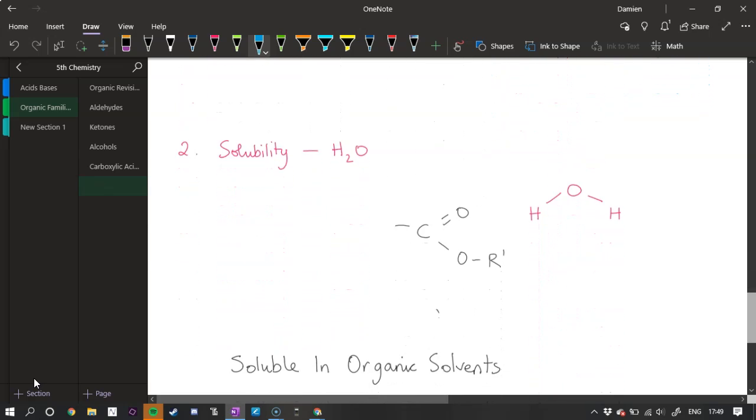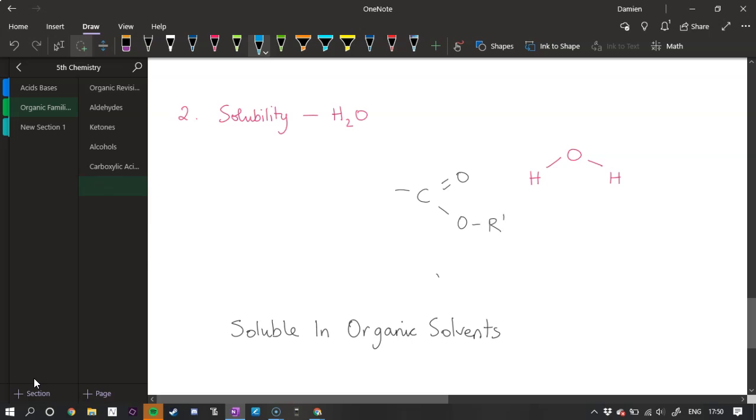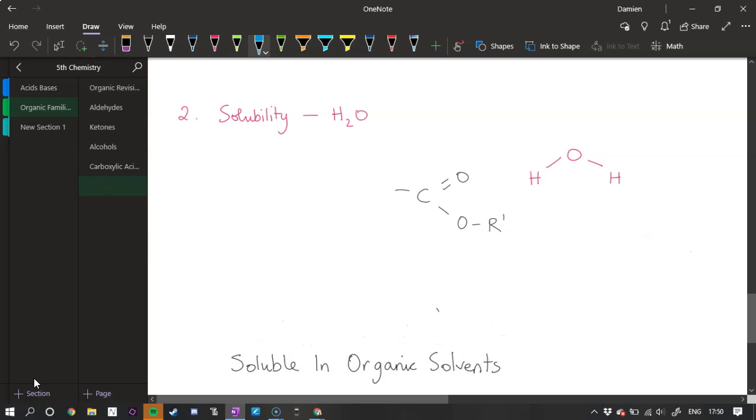However, where hydrogen bonds do come in is when we're talking about solubility. What we've got an example of here is a water molecule. As we've seen before, oxygen is negative and hydrogen is positive. In the carbonyl group, the oxygen again is negative and the carbon is positive. So you end up getting an attraction between the oxygen and the hydrogen.